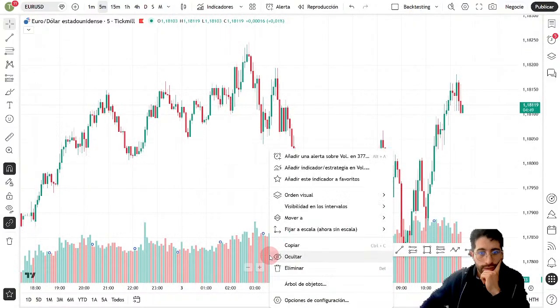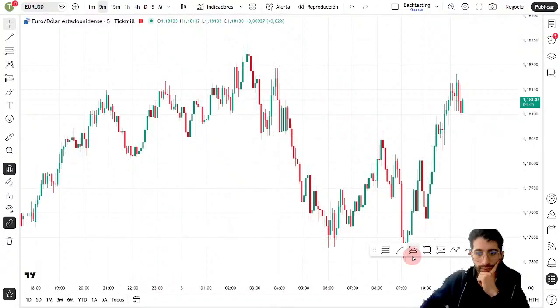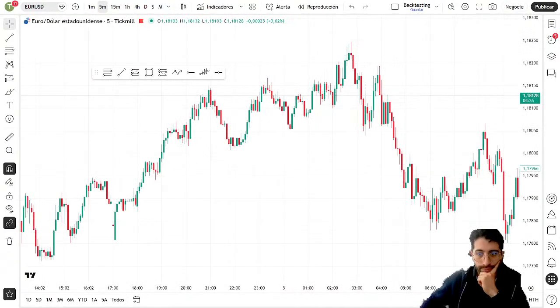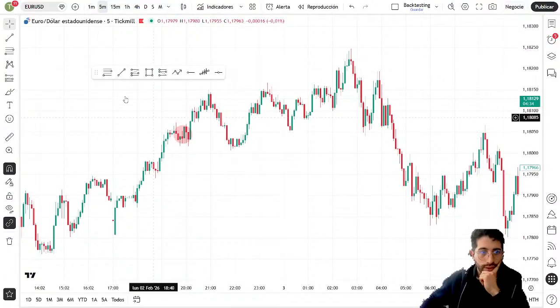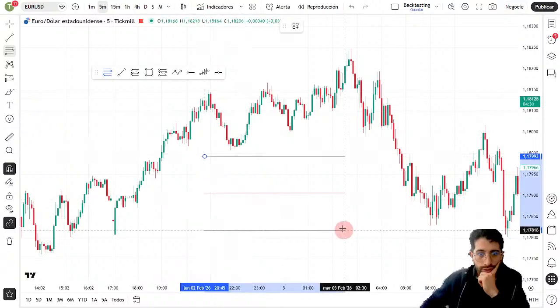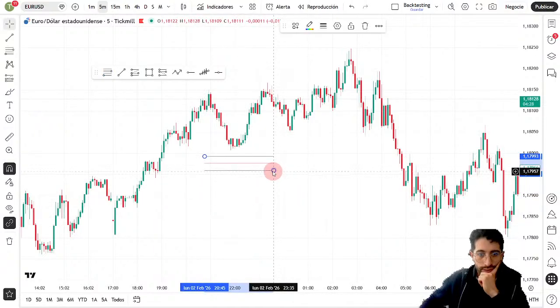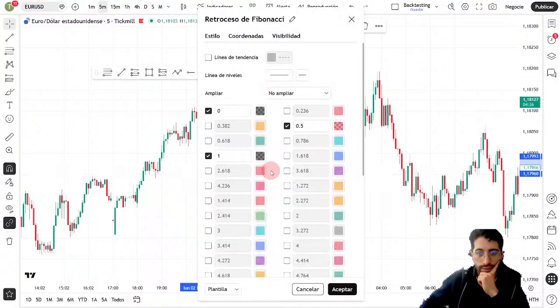Particularly, I use the next. For this, I never use volume indicators. I don't need them. I need the next tools that I'm gonna show you here. So they are the Fibonacci retracement, and let me show you the settings I have for it. It's very simple, very easy to understand.